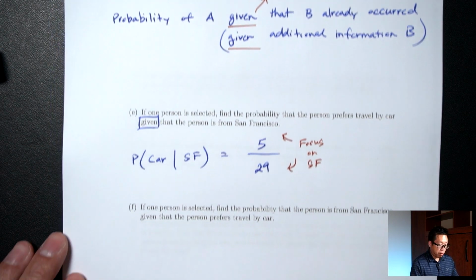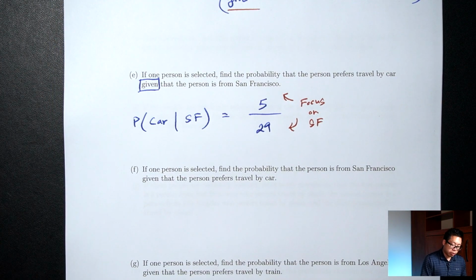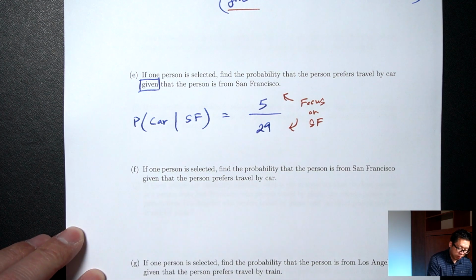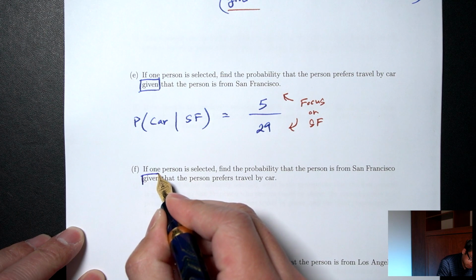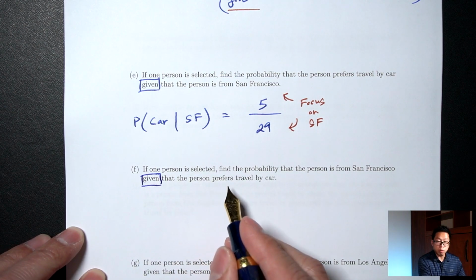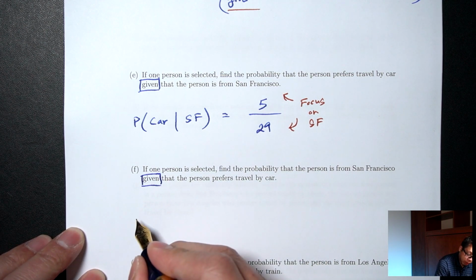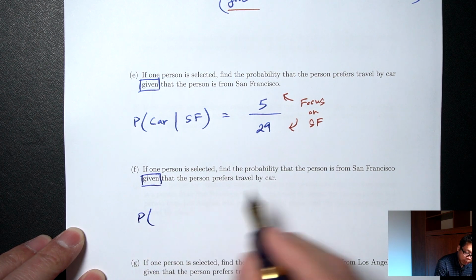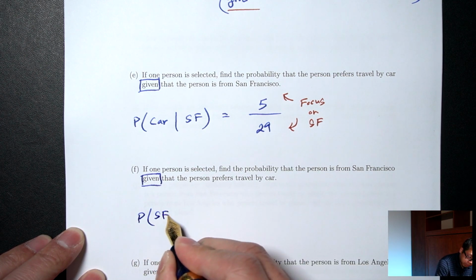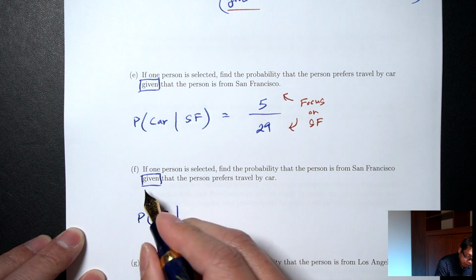Let's try another one. Part F. If one person is selected, find a probability that the person is from San Francisco, given, once again, I see the word given, that the person prefers travel by car. In symbols, what I'm looking for here is probability of San Francisco, given, that's the line, car.